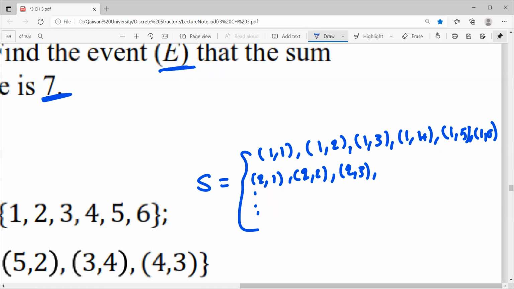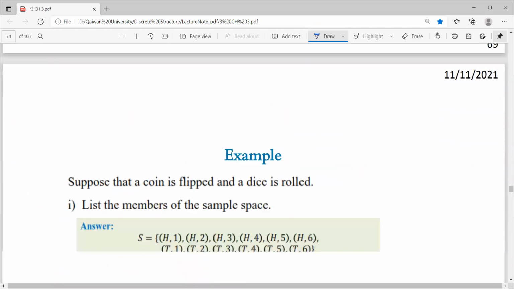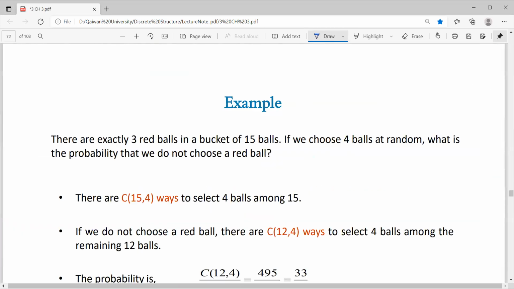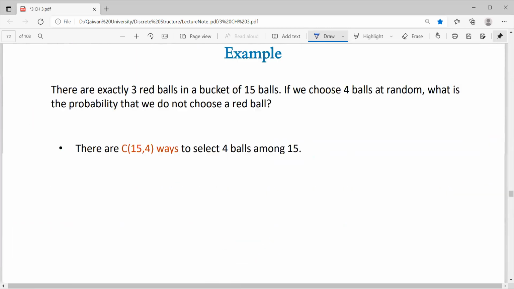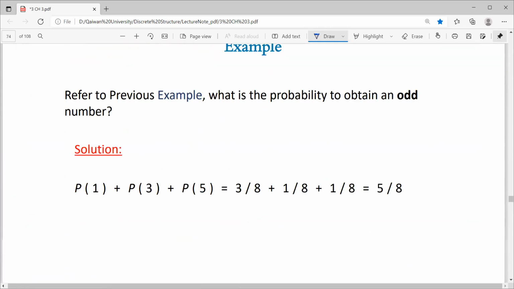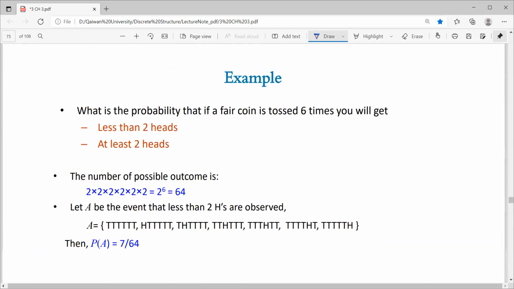If this is 6 and 1, and so here we get 6 and 6 at the end. This is the sample space. Let me show you. Let me find it. The sample space is written down here. It takes a lot of time.